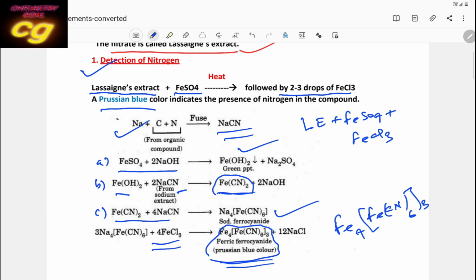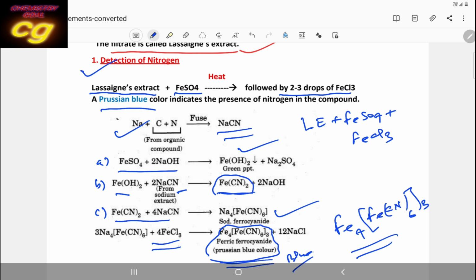So the formula is Fe4[Fe(CN)6]3. This is called ferric ferrocyanide, and a Prussian blue colored mass will be formed. This indicates the presence of nitrogen.